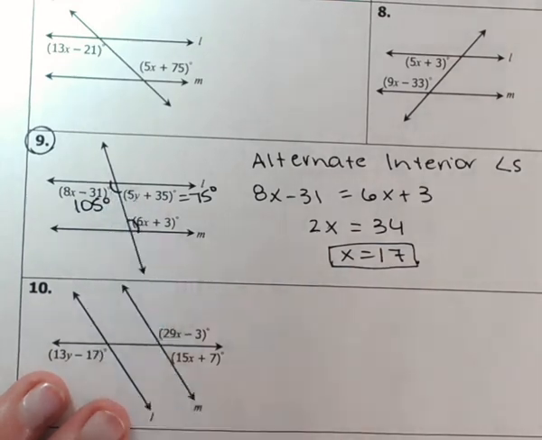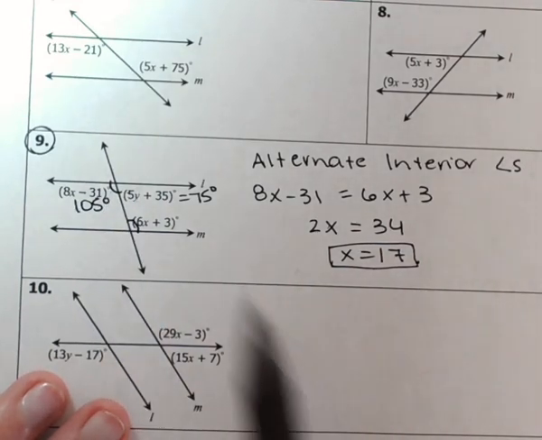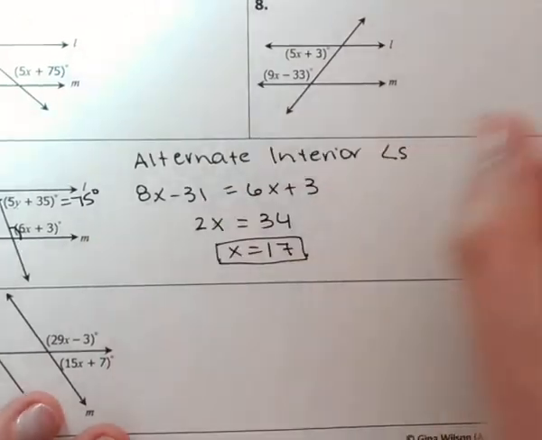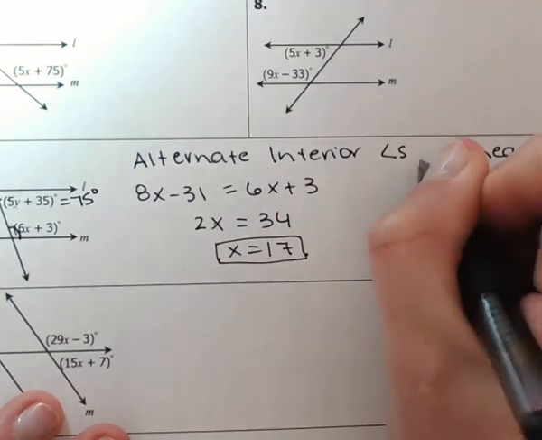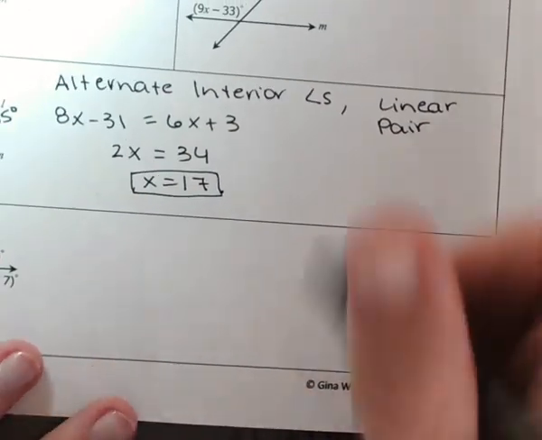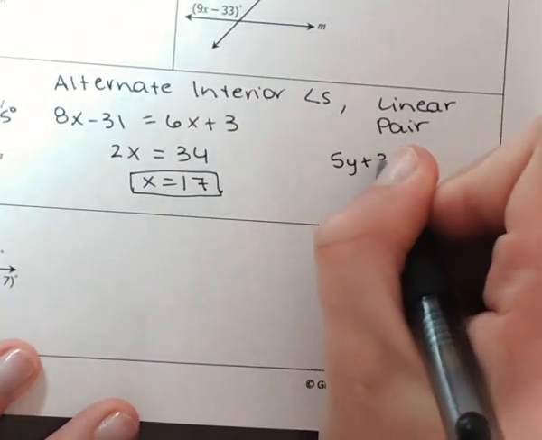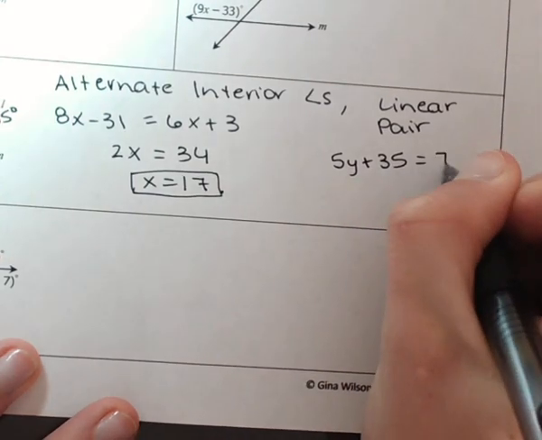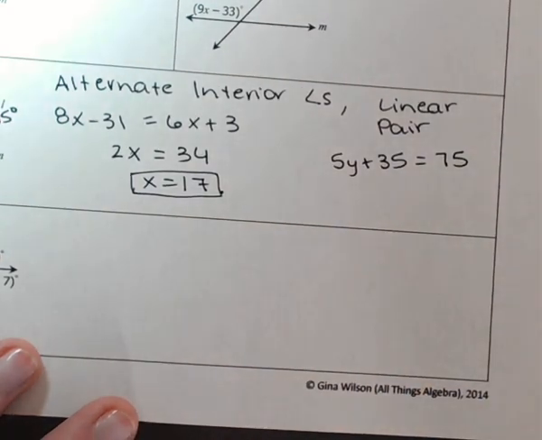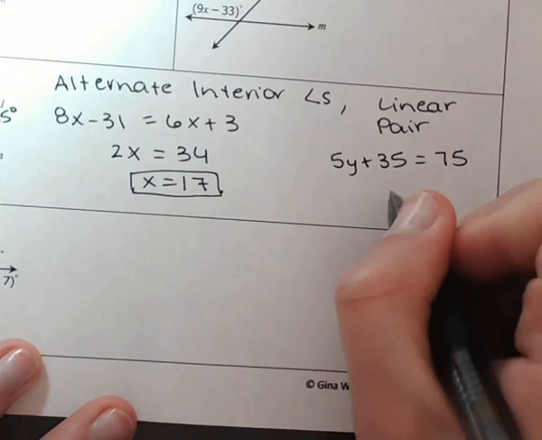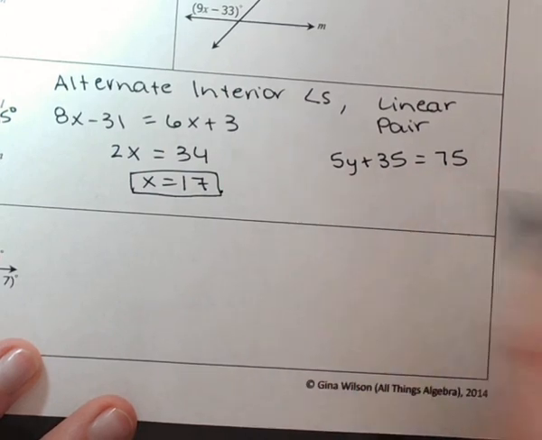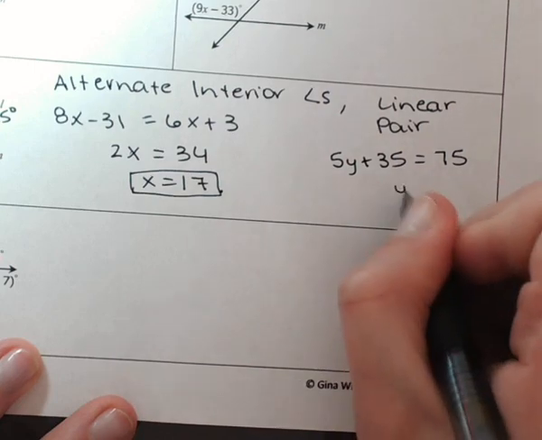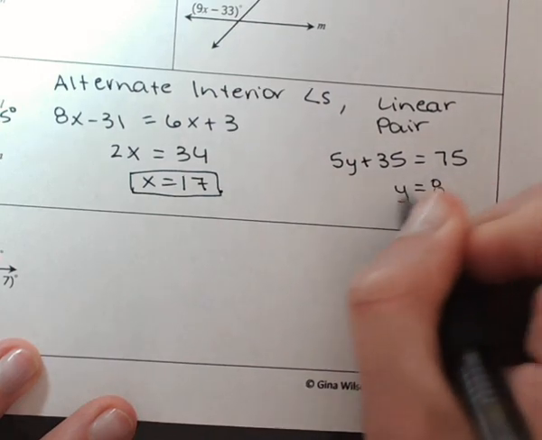Linear pairs are supplementary. So then all you have to do is, let's write linear pair. We're using two different types of vocab here. So we're going to set the 5y plus 35 equal to 75. Subtract over your 35, divide by 5, and that's going to get me y equals positive 8.